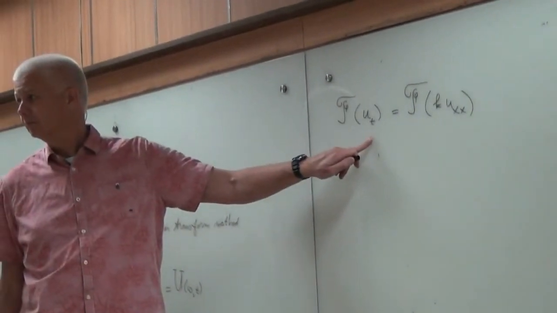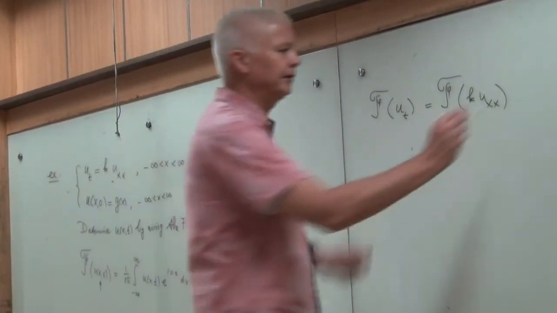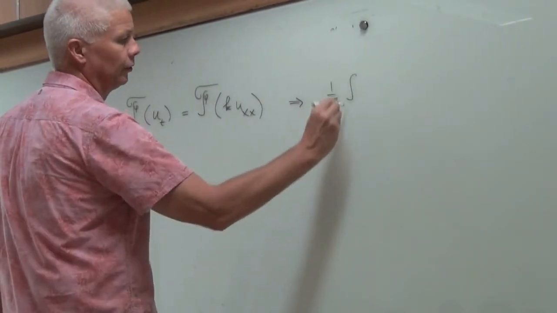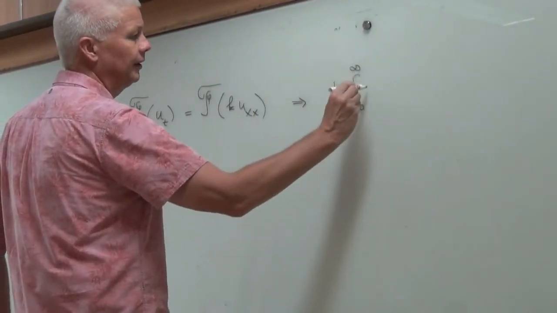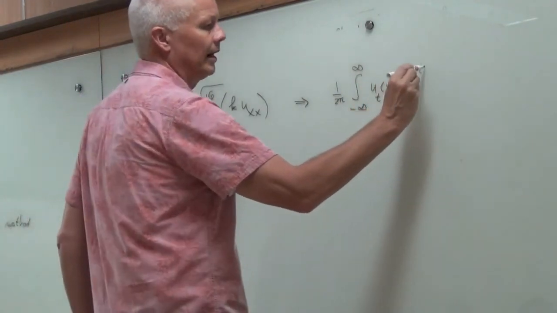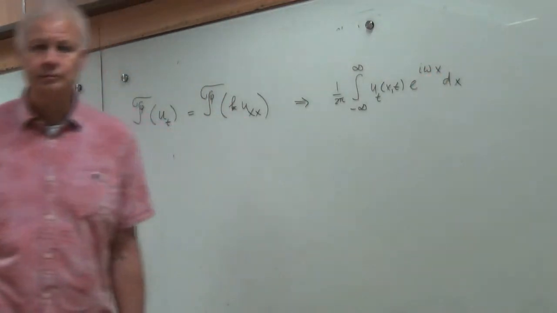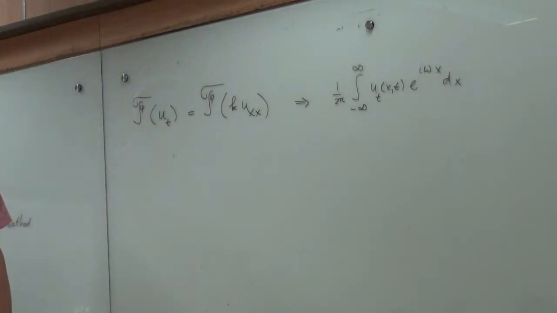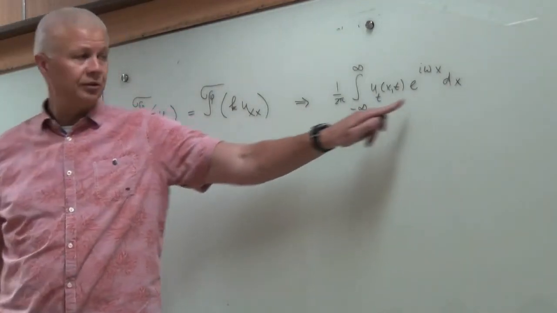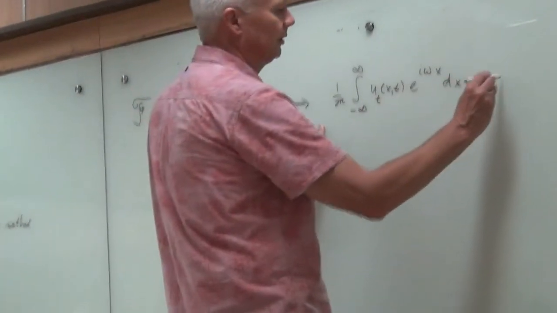What is the Fourier transform of u_t? Well, if you don't know it, write down the definition. 1 over 2 pi, integral from minus infinity to plus infinity, u_t(x,t) e to the power I omega x dx. It's an integration with respect to x, so the time derivative can be taken out.